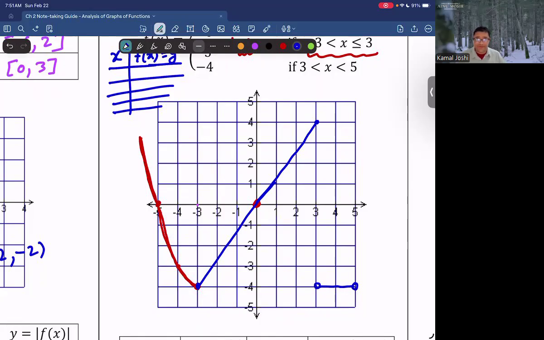Sketch its absolute value. Okay. I'm going to do that in the purple color. This part is already positive, no need to do anything. Here -3, 4 will go to -3, plus 4, like that.